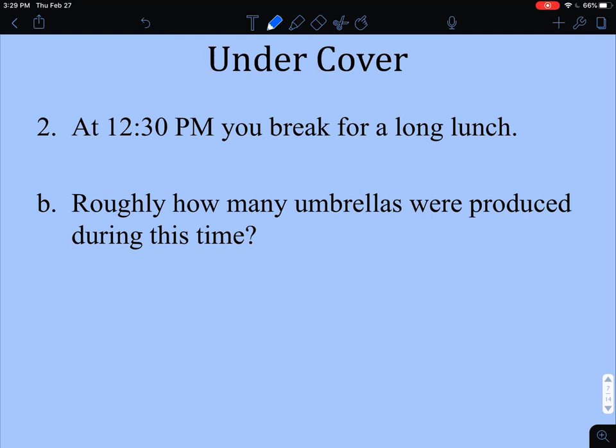Okay, I'm going to use a method revisiting my trapezoidal approximation. So I already had 75 from before. So now I'm going to approximate from t equals 3, which is when I arrived at work, to t equals 6.5.